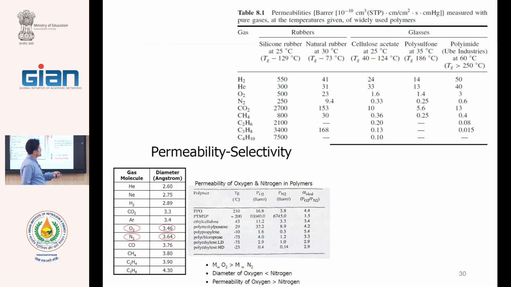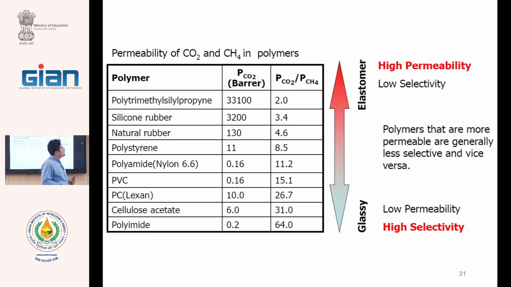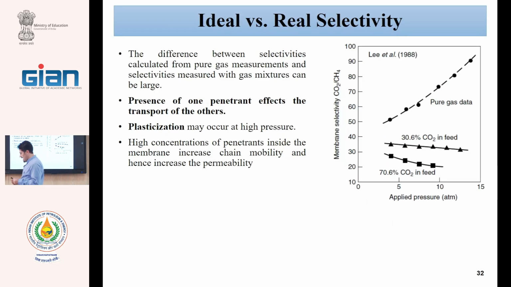The reported selectivity for the different gases. In the lab, we mostly test the gases separately. We have one membrane, first pass carbon dioxide, and after that we pass nitrogen and obtain the permeance and calculate the permeability and others.